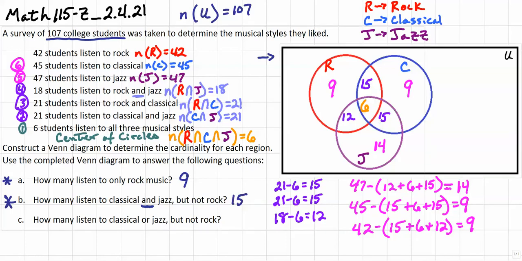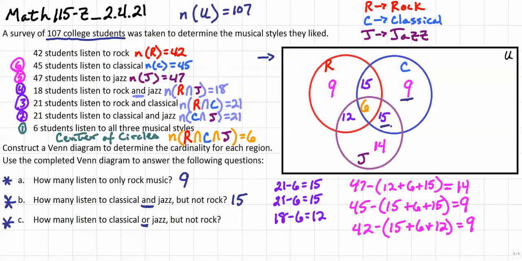Next, we will go ahead and look at part C, which says how many listen to classical or jazz but not rock? That's going to be a union because of this "or." That means that they will listen to either classical, jazz, or both, but not rock. So this is classical only.